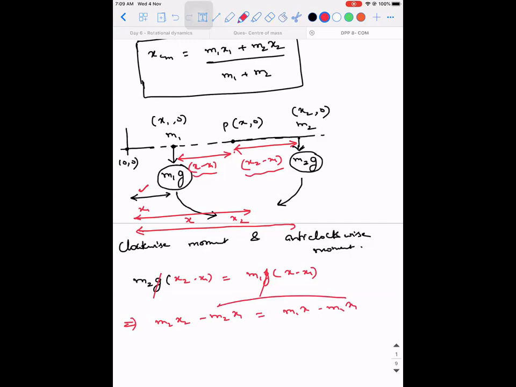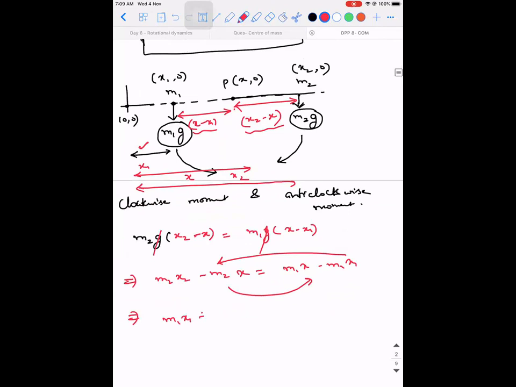So M1x1 to the other side, M2x to the other side, which implies M1x1 plus M2x2 is equal to M1 plus M2, the whole multiplied with x.